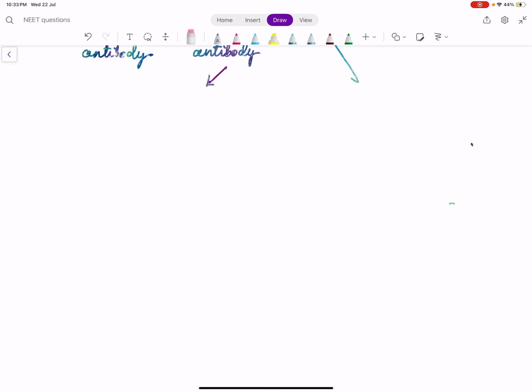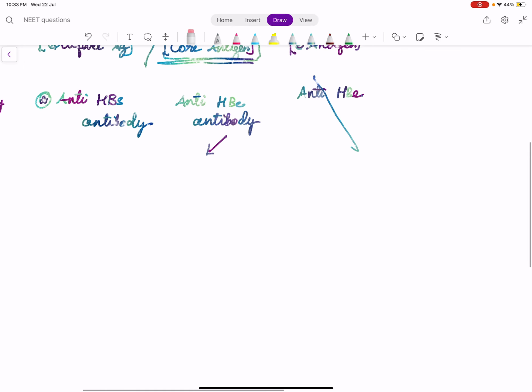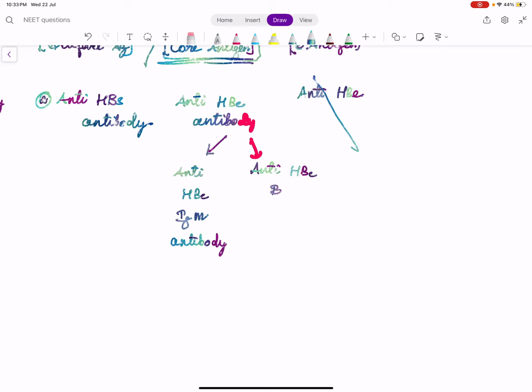So in anti-HBc antibody, we have 2: anti-HBc IgM antibody and anti-HBc IgG antibody.